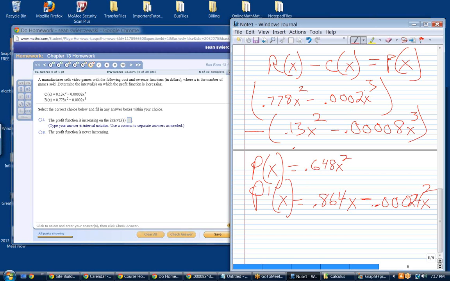Then I have to add these two numbers, so that becomes 0.00028 x cubed.